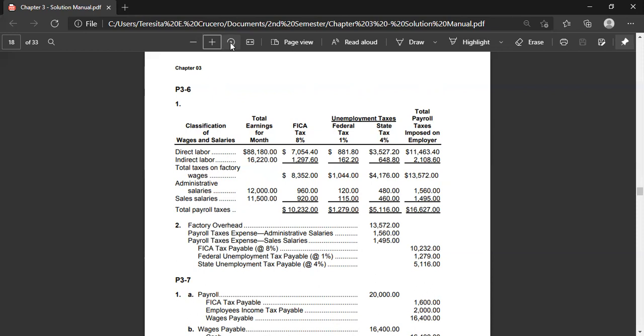In other words, the payroll taxes that will be paid by the employer should not be deducted from the salary of the employees.